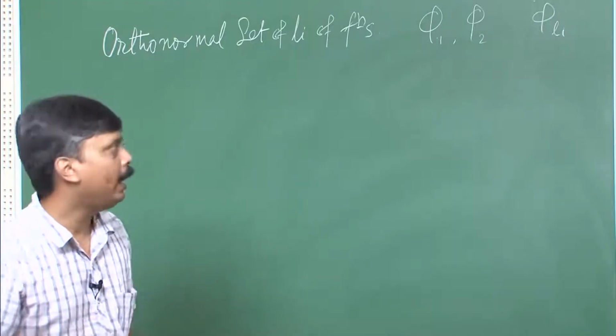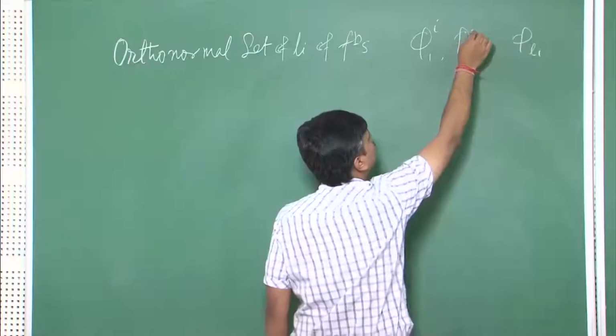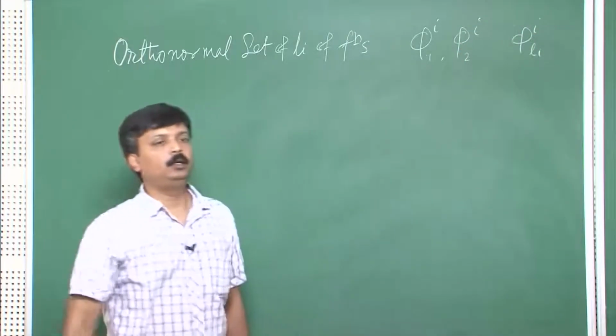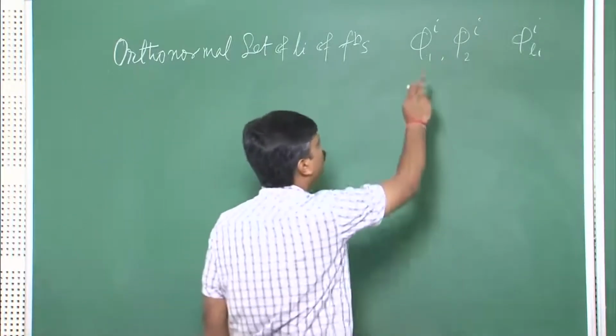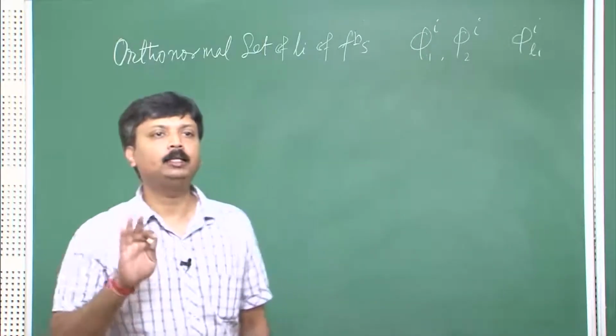If this forms the basis for an ith irreducible representation, we will put a superscript I. That will tell you to which irreducible representation these functions act as basis.